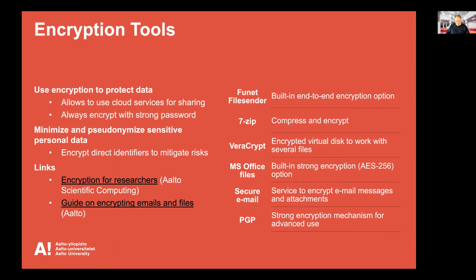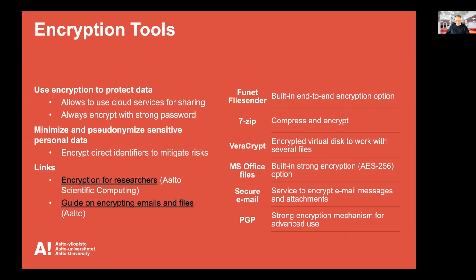We have Funet FileSender, and this is a file sharing service with built-in end-to-end encryption, which is done in the browser in the client computer, so the data does not leave your computer before being encrypted. And we have 7-zip. It's used to compress and encrypt also bigger data sets containing a large number of files into a package. And we have VeraCrypt, which works as an encrypted virtual disk where the files are stored.